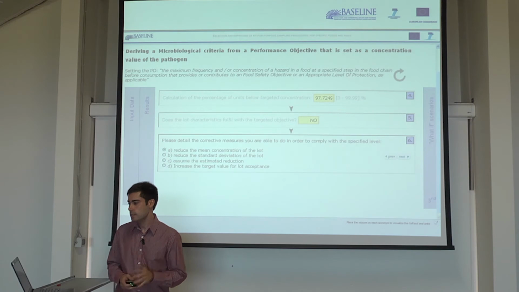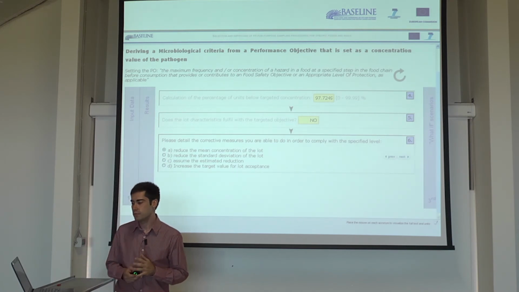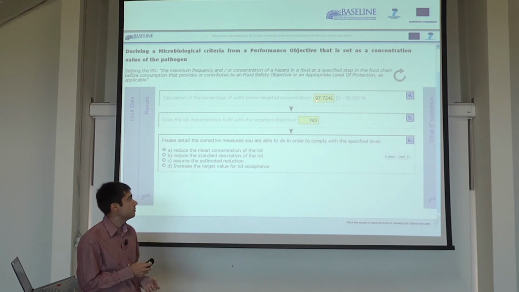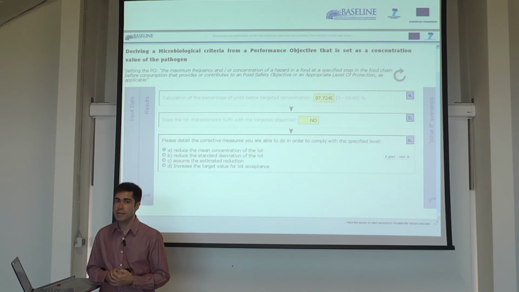In this case, this distribution cannot comply with this performance objective, as 97% of the units will not be contaminated. As we said, 99, we should apply a corrective measure.